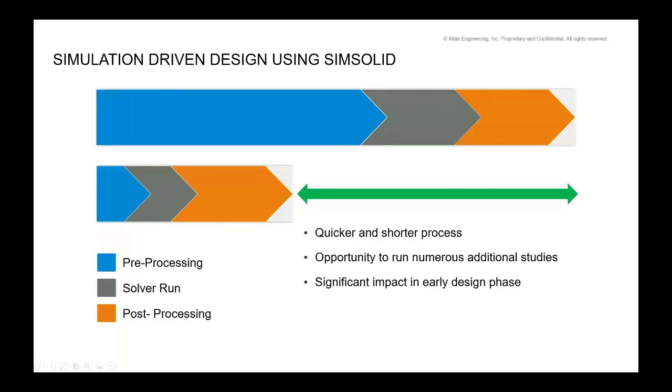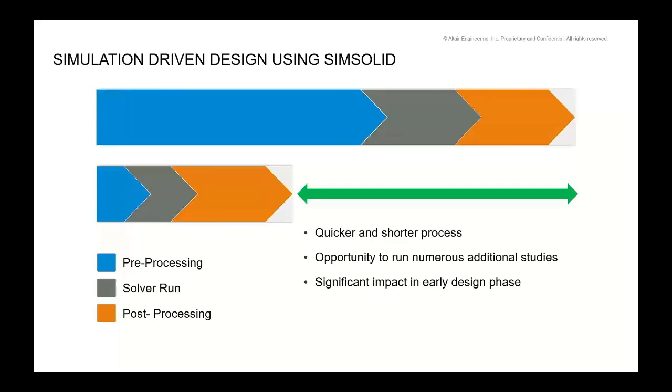And then the solve itself will probably take a little while to run, and you'll probably need to fight with other colleagues to make sure you get a license or to make sure that you get to submit it on the HPC in time. But then after that, you have time spent on the post-processing of it, so the analyzing, the understanding of the stresses, and the way in which your whole assembly works together.